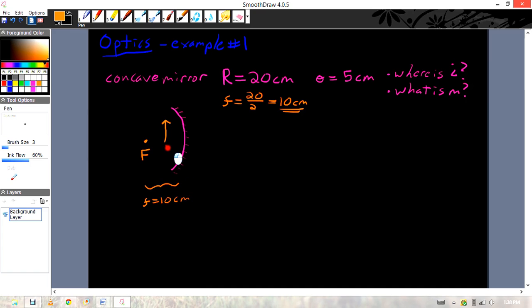Focus is at 10. Object is at 5. That's an O. It's supposed to be an O. O is 5.